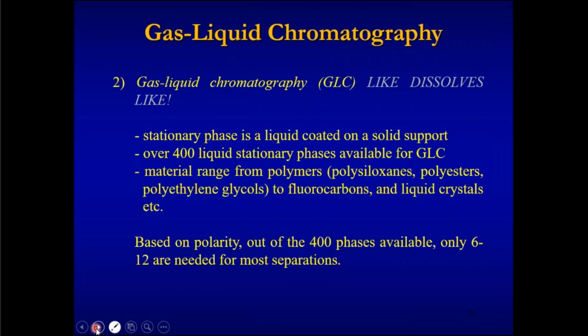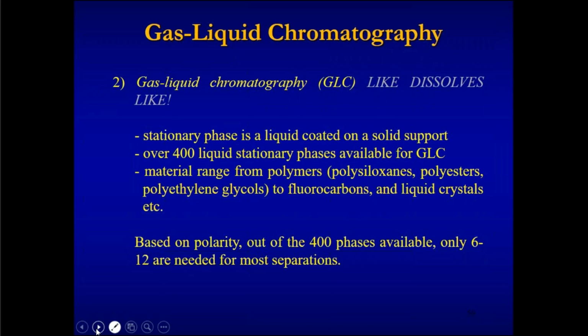Next, we have the gas liquid chromatography. And here the principle, of course, is like dissolves like, because you have a liquid. If you have a polar liquid, then a polar component will easily dissolve. Now, the stationary phase is a liquid that is coated on a solid. In this type of chromatography, you have over 400 liquid stationary phases available for GLC.